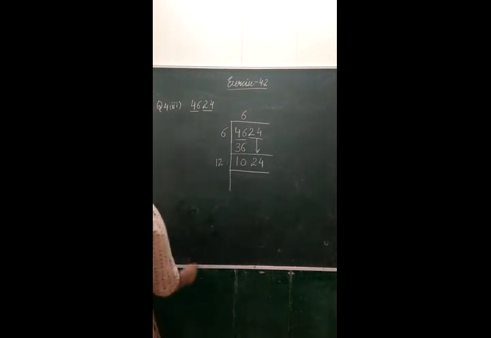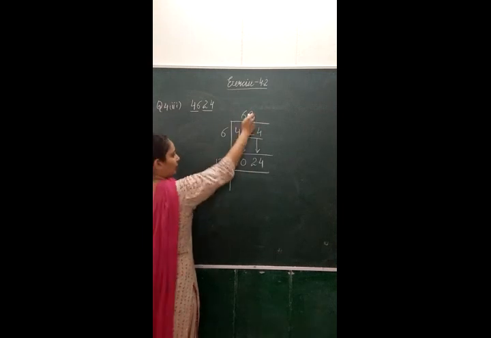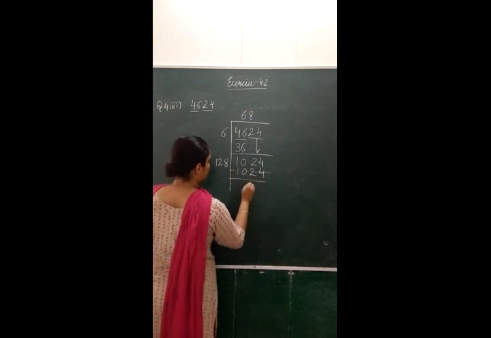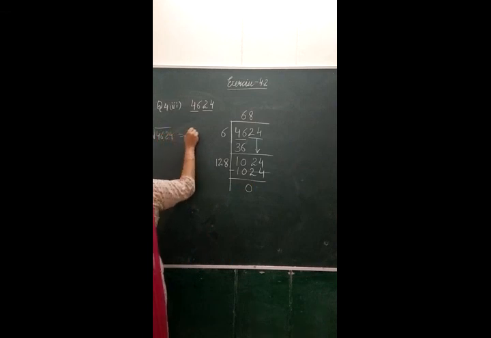So when we multiply 128 into 8, it will give us 1024. So this is 0. So that means the square root of 4624 is 68.